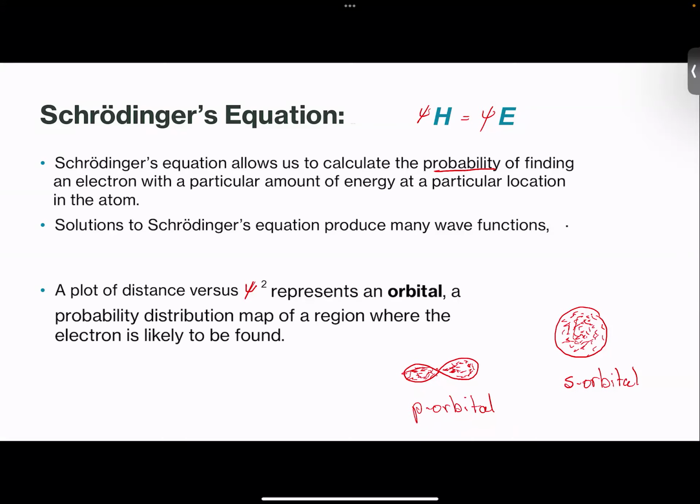We're not going to solve the Schrodinger equation. We're going to use its results. We're going to use the results to understand the most probable location to find every single electron in an atom of an element.